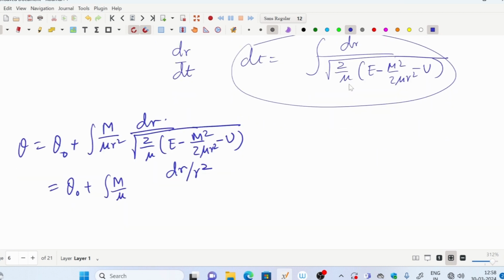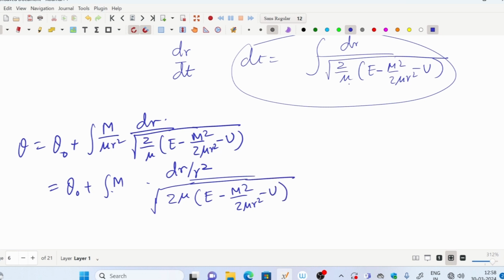Then 2 by mu, and if I take this mu inside, it will be 2 mu times E minus m square over 2 mu r square minus U, all in the square root.